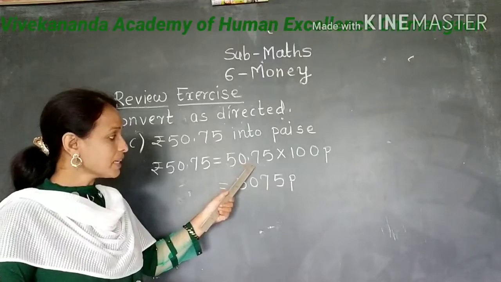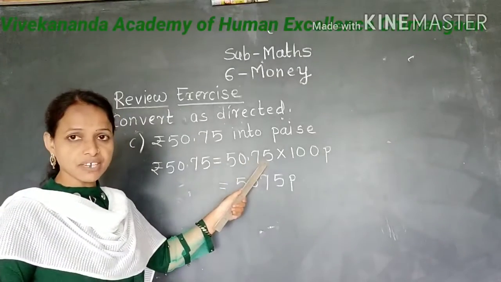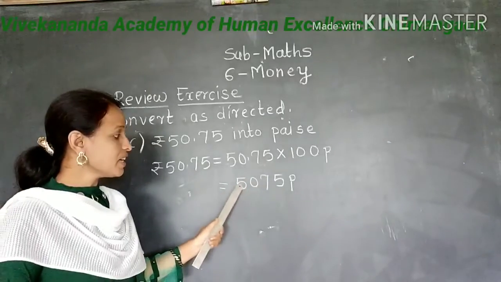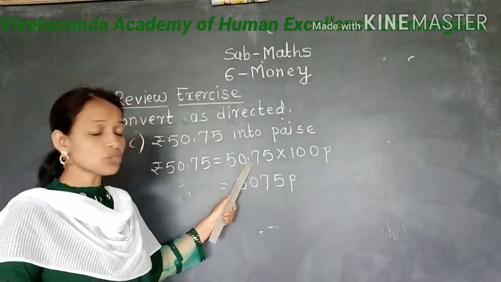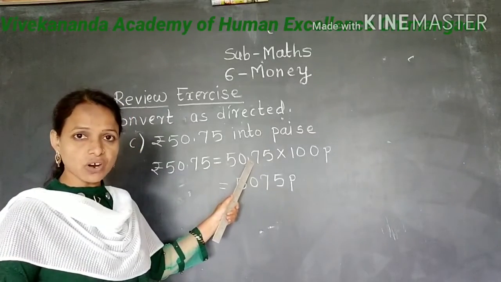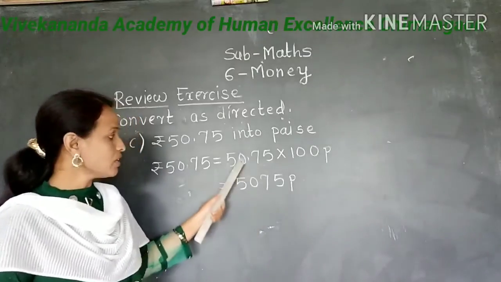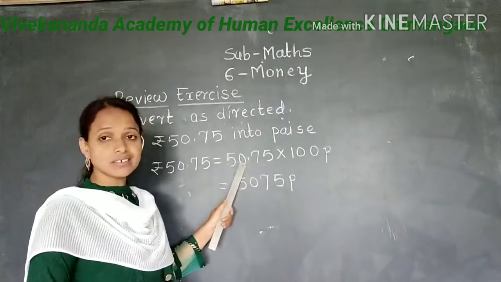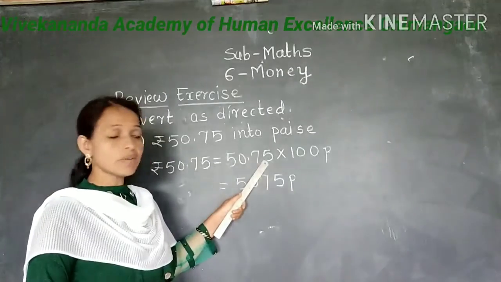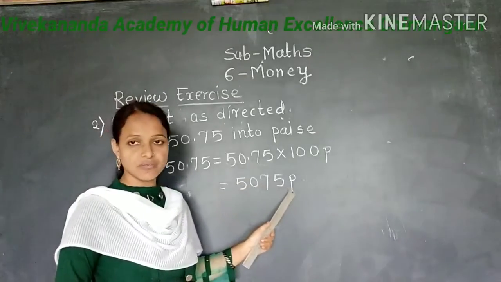So by removing the dot from the number, 50.75, we get here 5075. Means here we remove the dot. By removing the dot, we can convert rupees into paise. So here we remove the dot which is given from the right of the two places. We remove it, so we get here 5075.